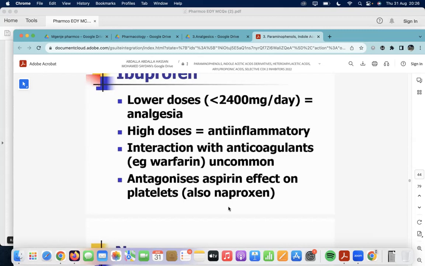Okay, so Google is saying the mechanism by which ibuprofen prolongs bleeding time is not established, but may relate to inhibition of platelet function through inhibition of prostaglandin synthesis. So I think it's just a fact that ibuprofen prolongs bleeding time, but it's not well established how it does so. But it may be because it relates to inhibition of platelet function through inhibition of prostaglandin synthesis.